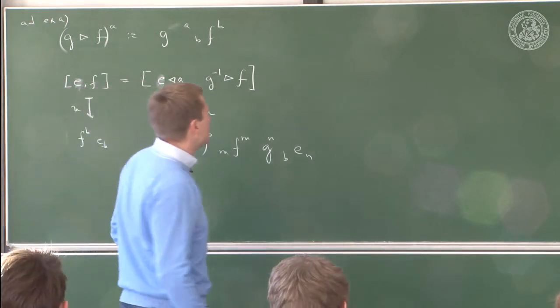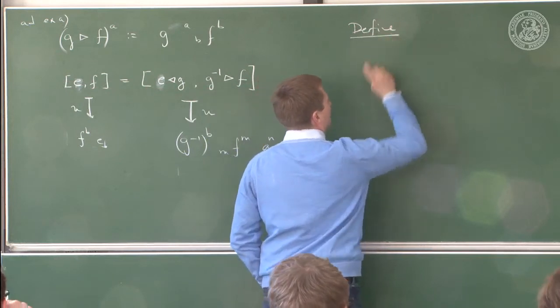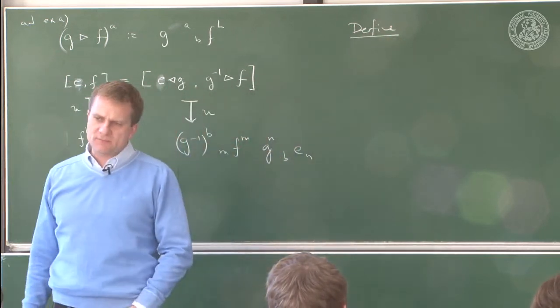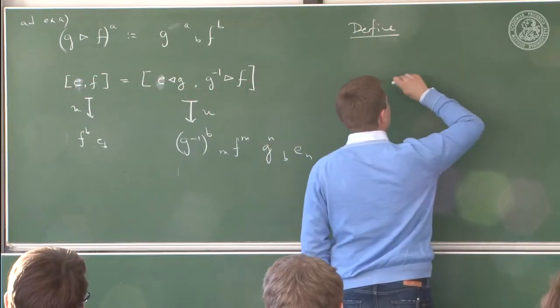Therefore, we'll now define again bundle maps, but now maps between associated bundles. These will be called associated bundle maps.